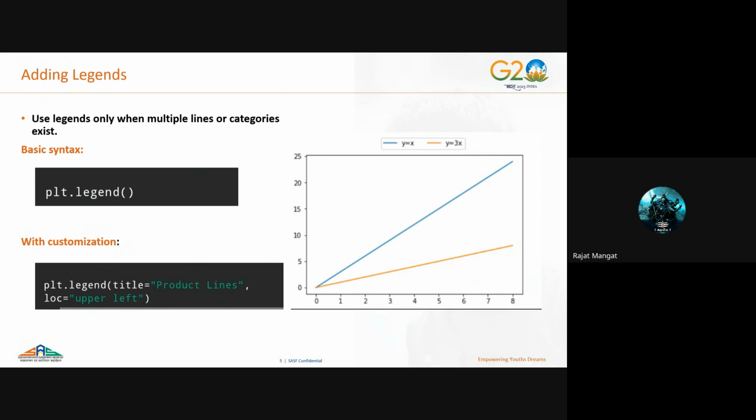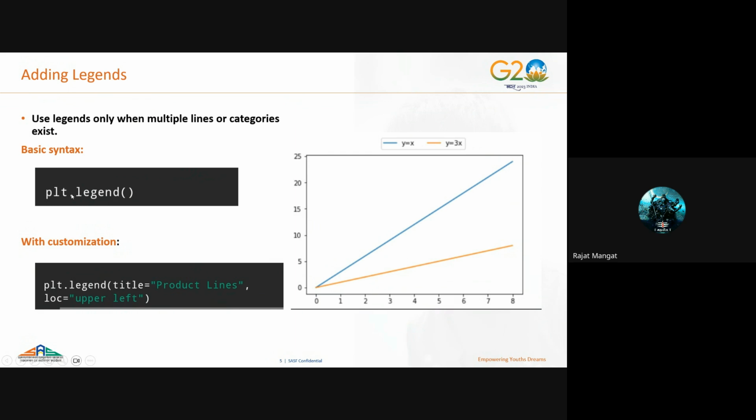So in order for your understanding, so that you may know which team is at which point and which line represents which team, legends are used there. We call this box a legend, which gives the user information about what this particular line is representing, which team.